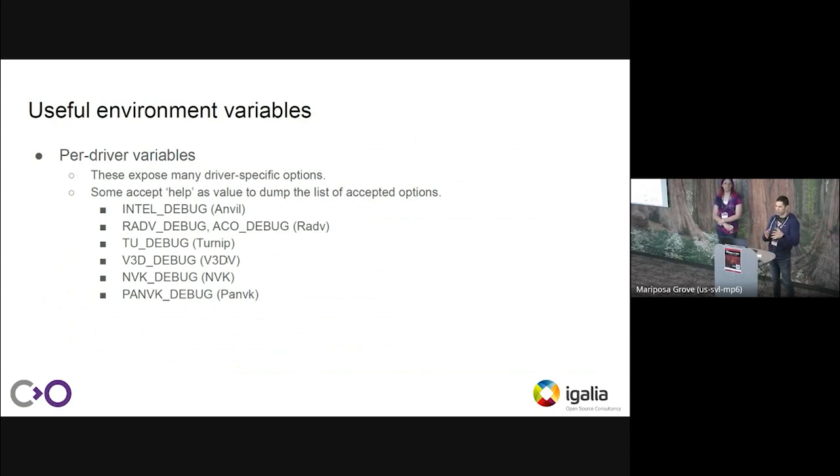So you have to go into each driver to see what's available here. Some of them accept help as a value, and they will just dump the list of options that are supported and a brief description for each one. But this can be really useful to go down into a specific implementation and see what you can do with it.